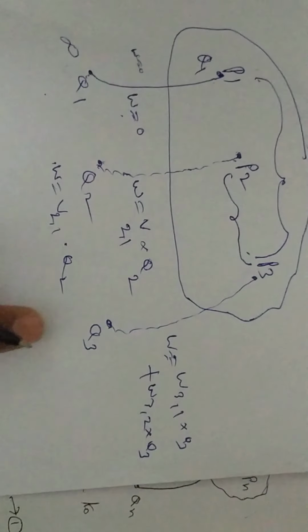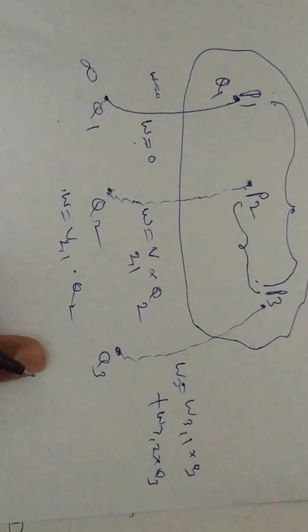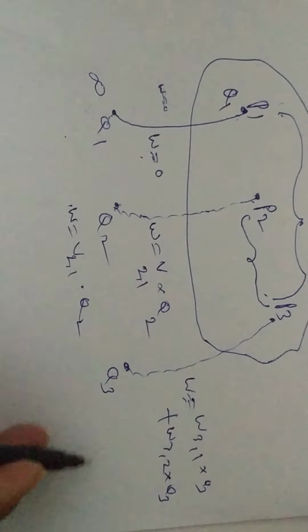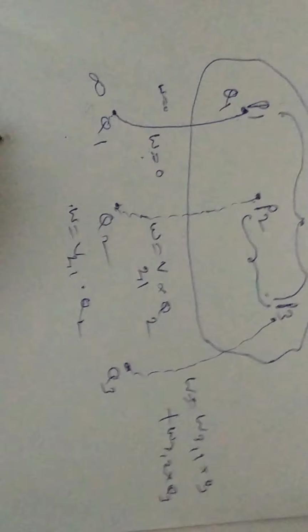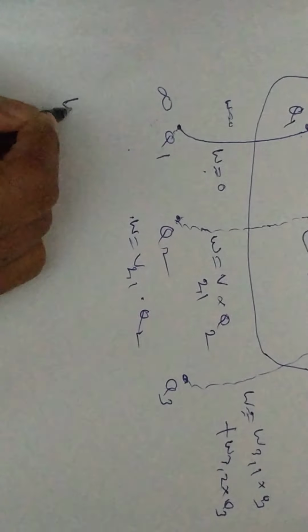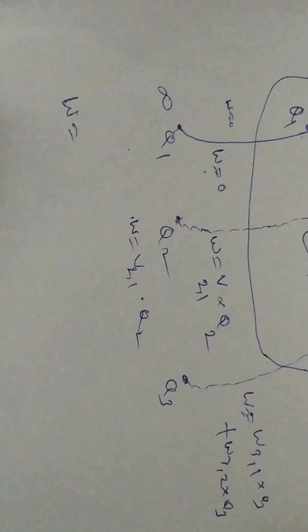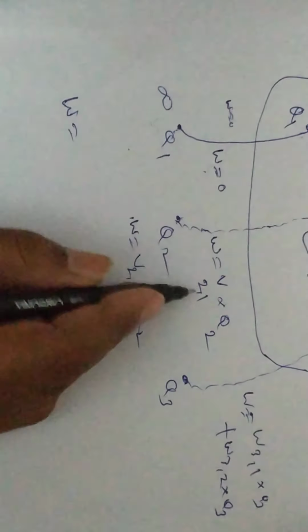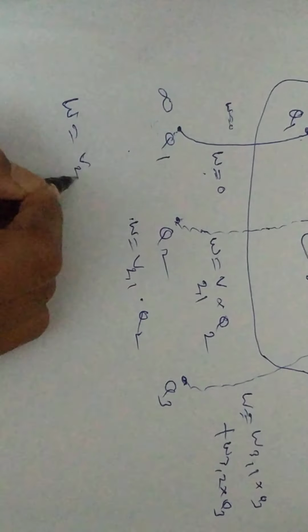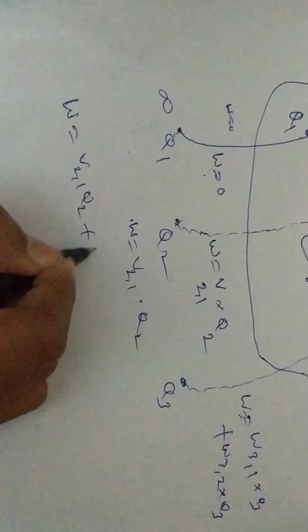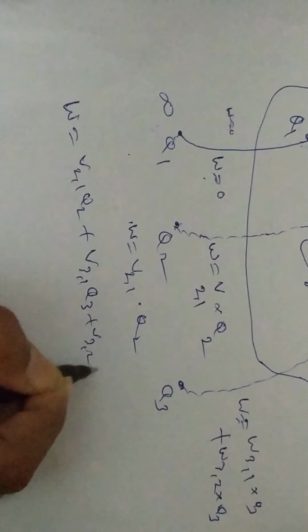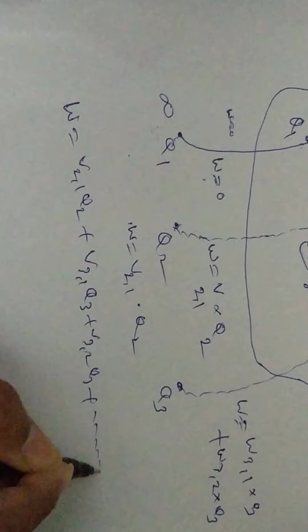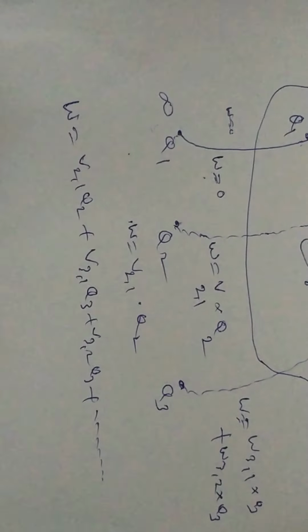Like this we can write the expression for the work done. If n point charges are there, then the total work done W is equal to V21 Q2 plus V31 Q3 plus V32 Q3 and so on. It is called the total work done.